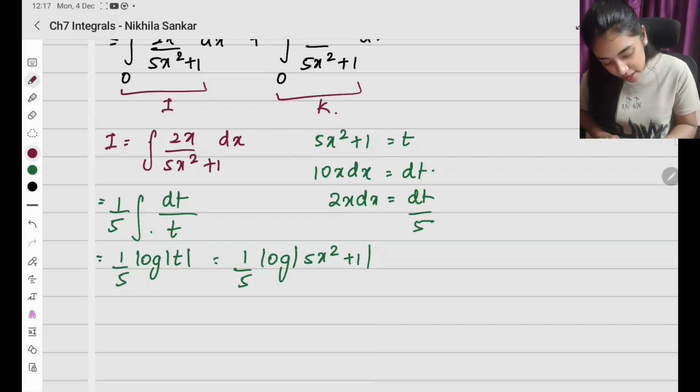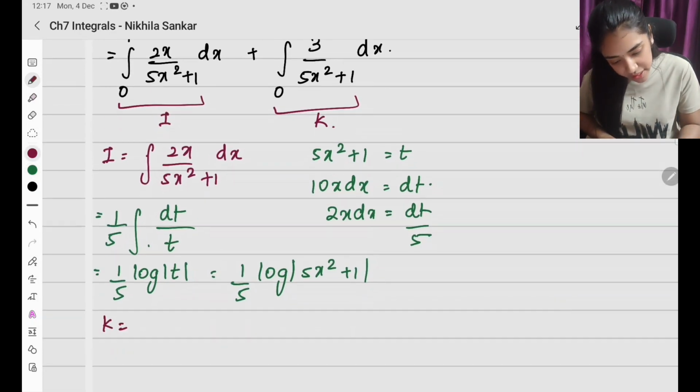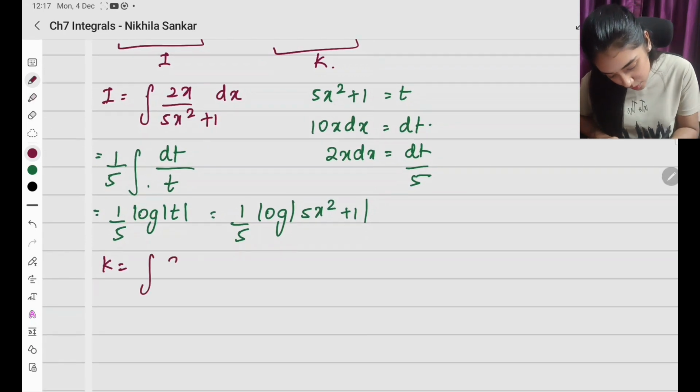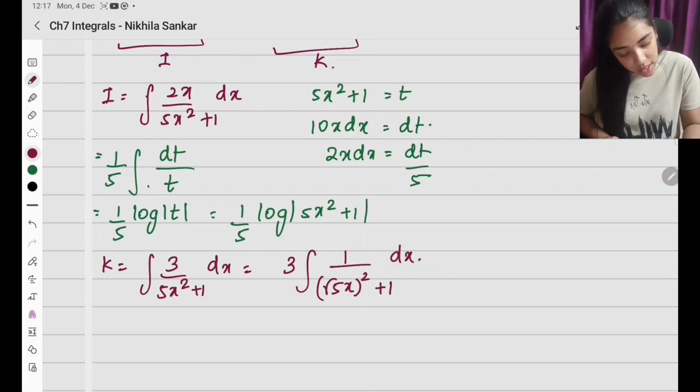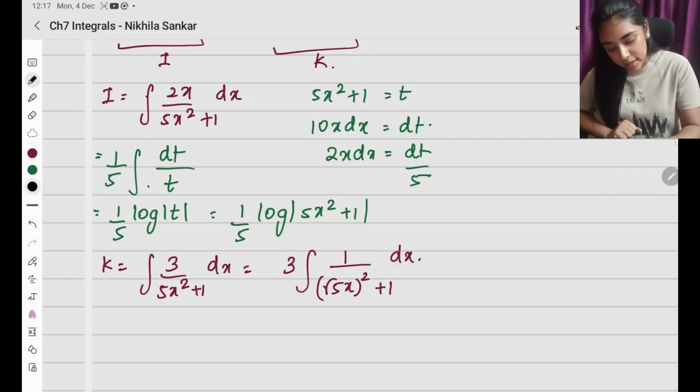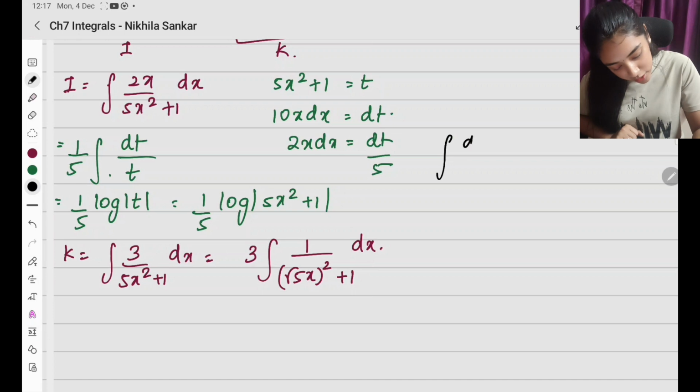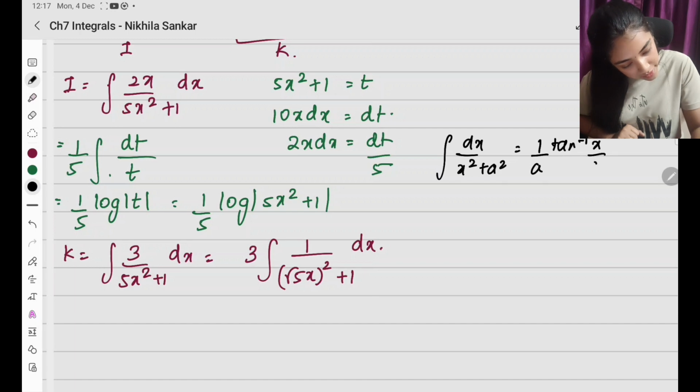Now second term. When K was solved, I have 3 divided by 5x square plus 1 dx. I can write this as 3 comes outside, 1 divided by root 5 x the whole square plus 1 times dx. What formula is this? What form is this in? Integral of dx divided by x square plus a square is 1 by a tan inverse of x divided by a.